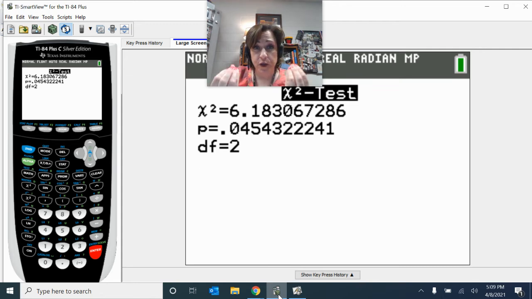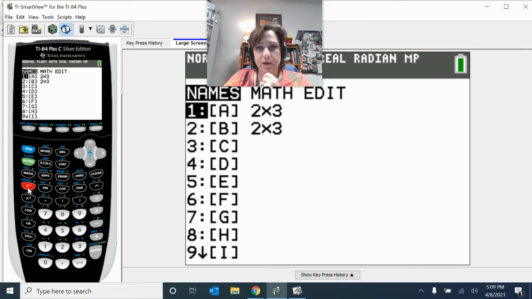I want to view matrix B. So let's go back to our second x to the negative 1. Now, you could scroll down and hit enter and look at this matrix B. FYI, it changed the size of matrix B when I ran that test. But I'll go ahead and show it to you.